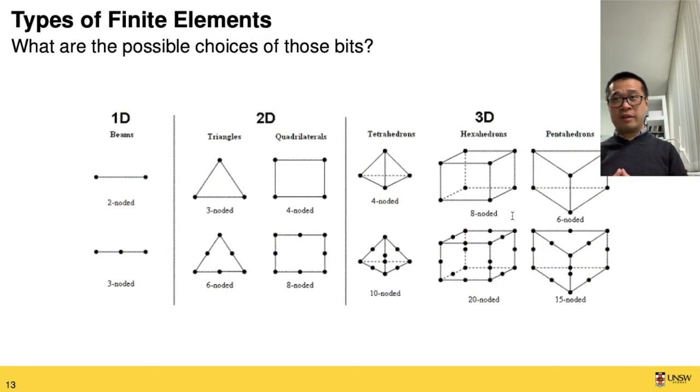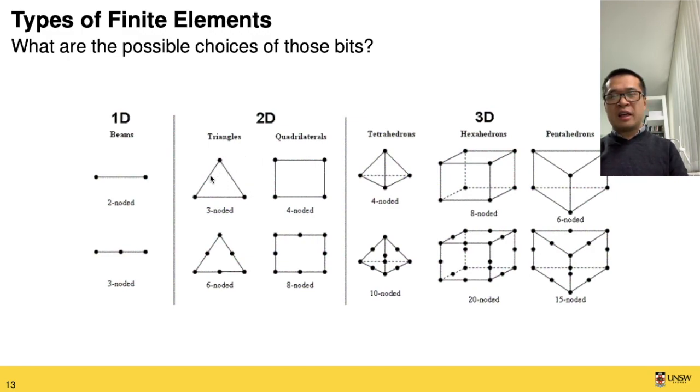Well, we live in a 3-dimensional world, so the natural thing to think about is a 1-dimensional system where everything is just a line. In the language of finite element analysis, they call them beams, right? Beams. And you can have 2-dimensional shapes, like triangles and rectangles, which are the most common choice.